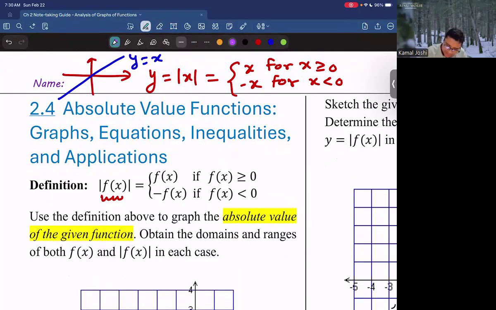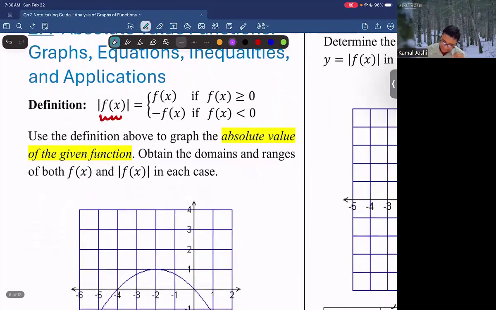On the right side of the origin, on the positive x-axis, it remained the same. On the negative x-axis, it got reflected because the values of y were negative and we took minus of that. So it became positive, and this was your result, the absolute value. We will do the same thing now to a general function.